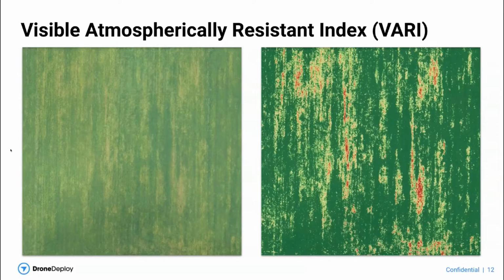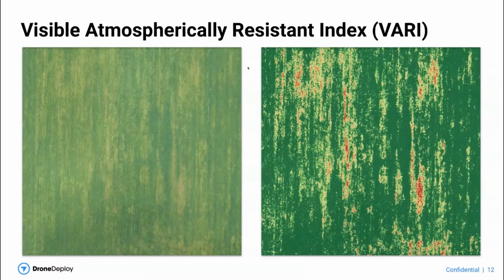You can't really delineate areas you need to go to. We turn on the VARI index, and what it does is measures the greenness of every RGB pixel. Again, this is with a standard camera. So think of your Phantom 4 Pros and your Mavic 2 Pros, just your off-the-shelf drones you can get at Best Buy. These are the kind of results we get with it.